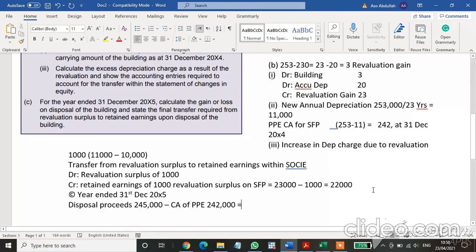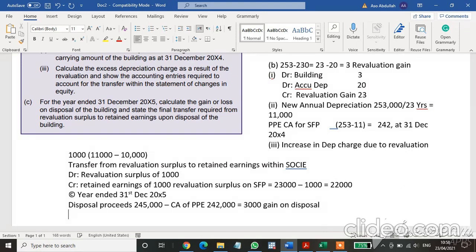So that gives us £3,000, which comes from above, from here. This we call a gain. This gain we record in equity, gain on disposal.